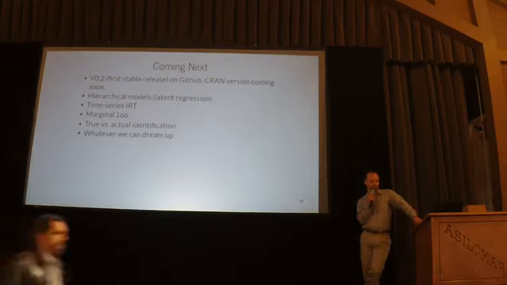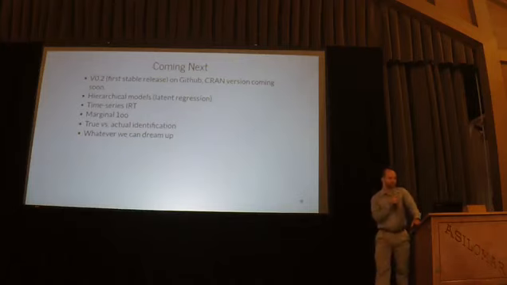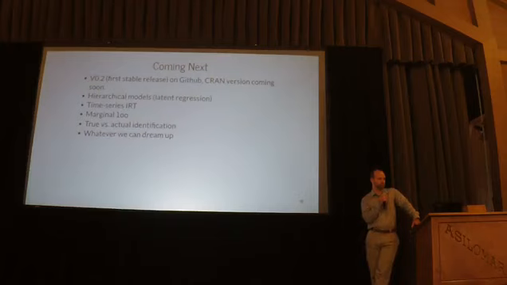Another question over here. Hi, thank you for the talk. I have a question about this Amazon data. You basically had a situation where your contributors are participating in just one item, right? And most contributors do not participate in several items.